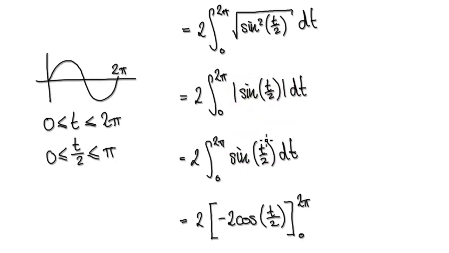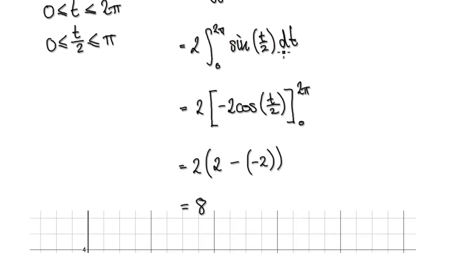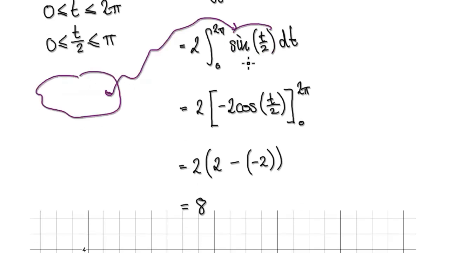So now it's just a matter of integrating this. To integrate this, you're looking for something such that when you differentiate it, it will give you this. So make this to be your initial guess: minus cos t over 2.